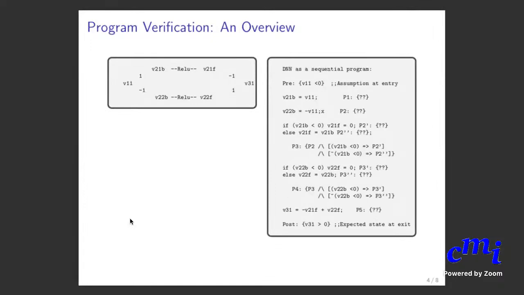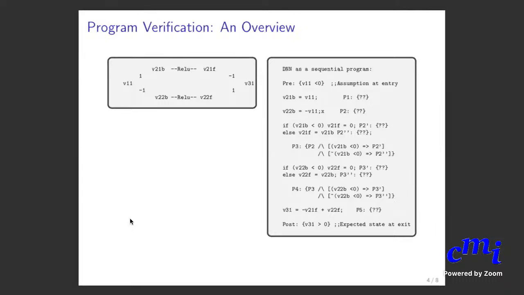So here's a quick overview. Each of these, pre is a predicate, post is a predicate. A predicate is a formula that defines a Boolean function over the variables that are used in the program, which includes the input and the output variables.